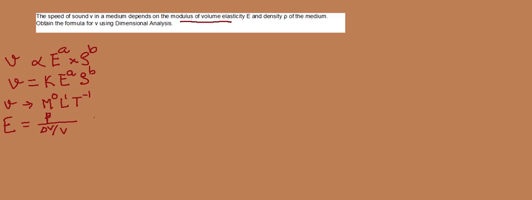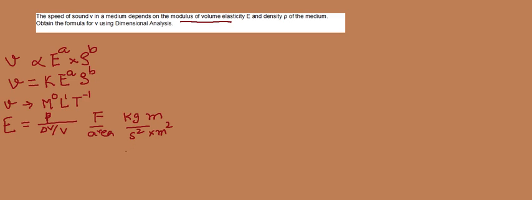So what are the dimensions for pressure? Pressure is force upon area. Force is kg meter per second square, and we again have area over here, so this will be meter square.